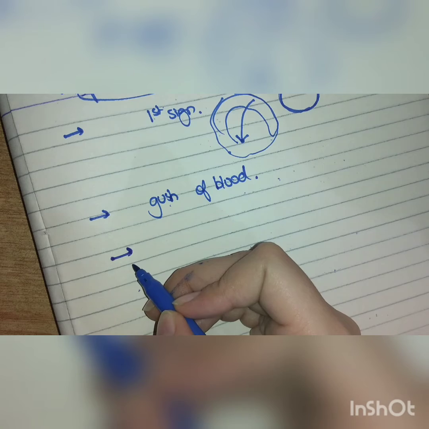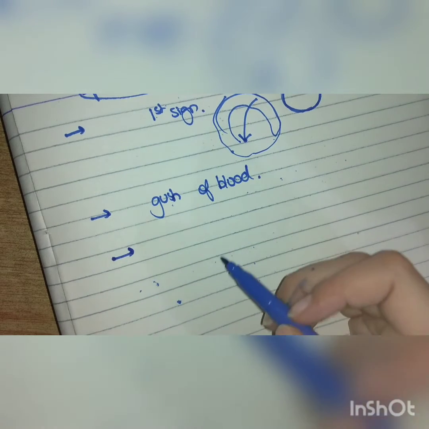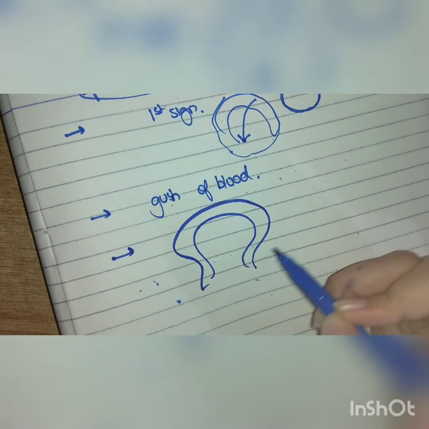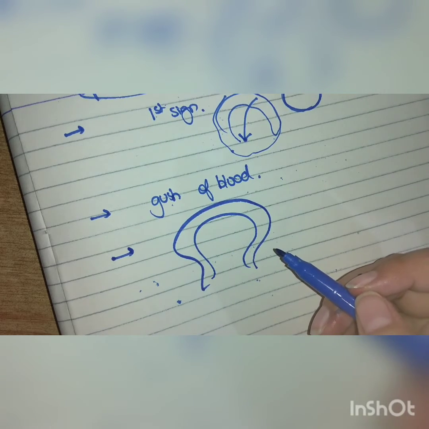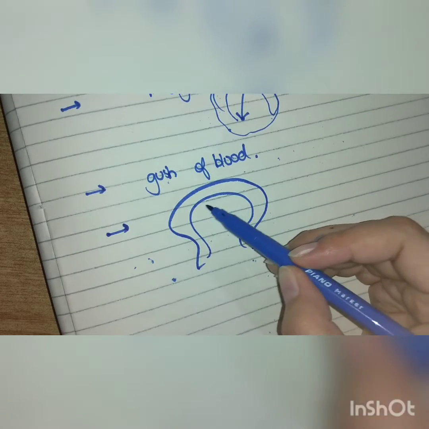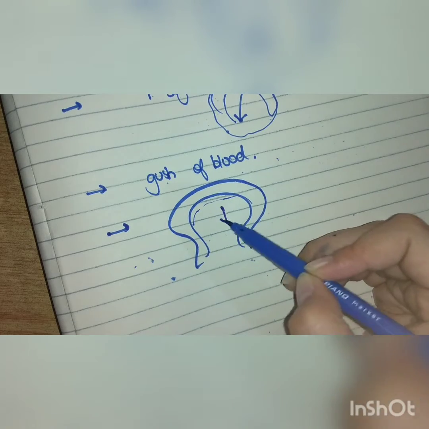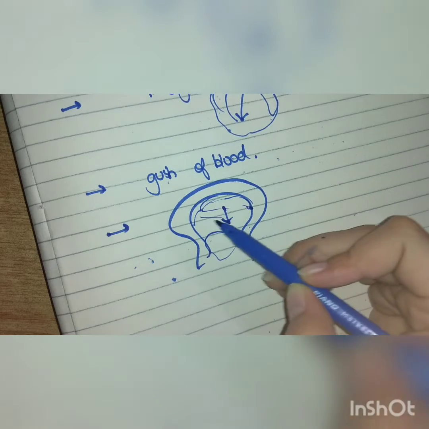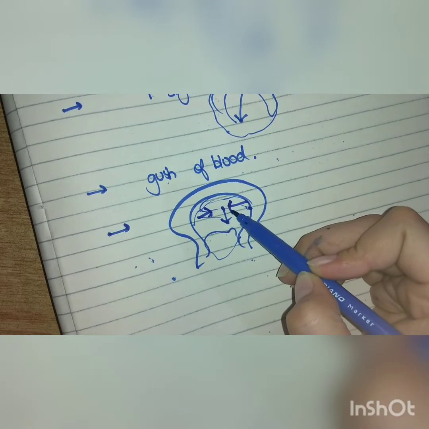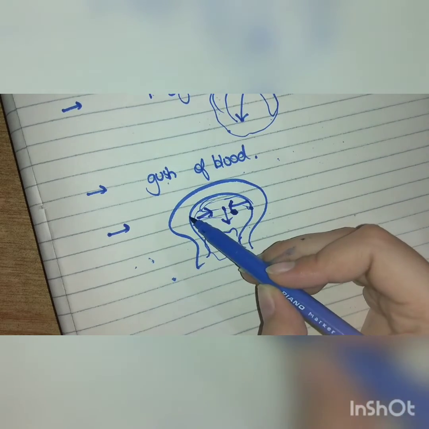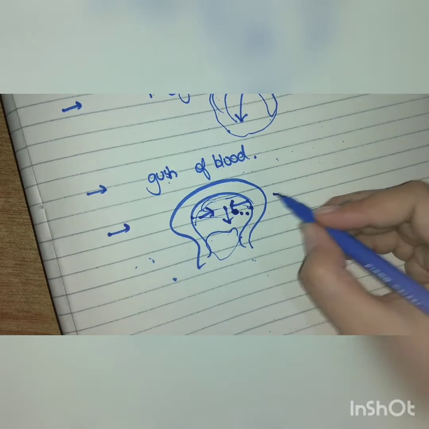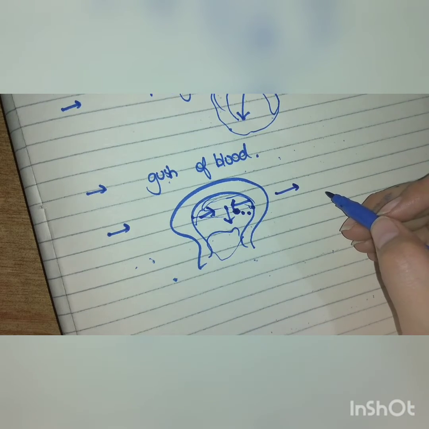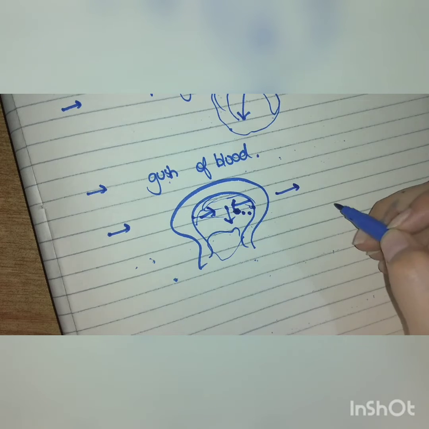Now, one more thing that happens is that I'm again going to draw the uterus. Let's say this is the hypothetical uterus, and the placenta was over here initially. Now it has separated, it has come over here. Now this portion is free of the placenta, so this portion can now contract freely. So the fundus is going to contract, and this will cause the uterine fundus to rise above the umbilicus.